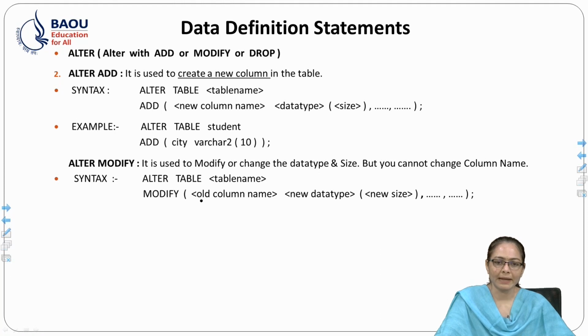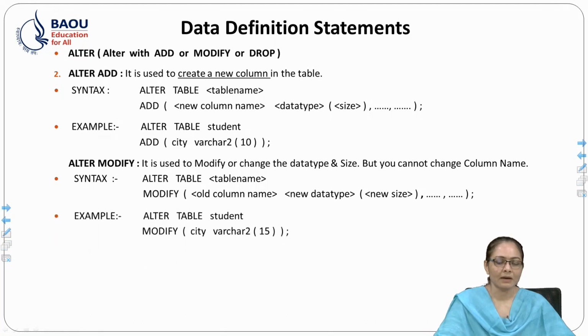Now in the bracket, the old column name, then new data type and new size. For example, alter table student. We want to change the size of the city column to 15. Here the column size is 10 and here it is 15. So alter table student, then modify, in the bracket city varchar2 and then 15, then bracket closed and semicolon.